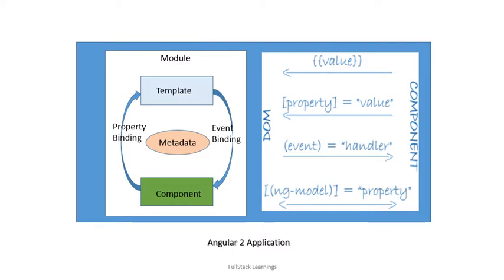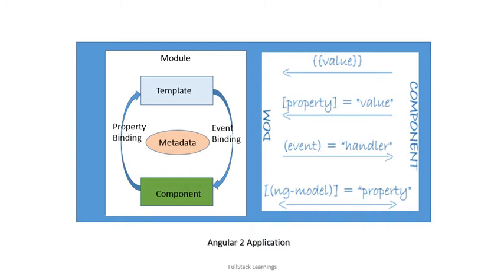As the diagram shows, there are four forms of data binding syntax. Each form has a direction: to the DOM, from the DOM, or in both directions. First is interpolation. It displays the component value within the div tags. Second, property binding. It passes the property from the parent to the property of the child.